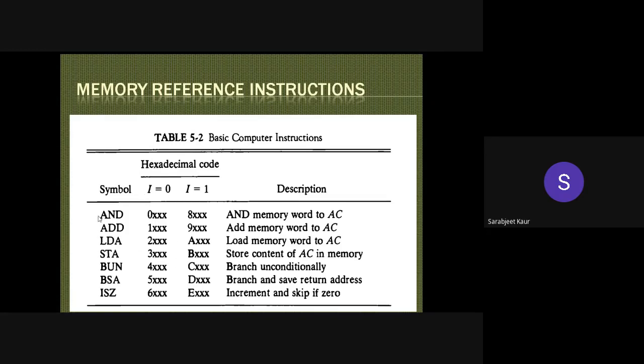The first memory reference instruction is AND. Now, what does it tell me to do? It tells me that you please AND the memory word to AC. So suppose I write down something like this.